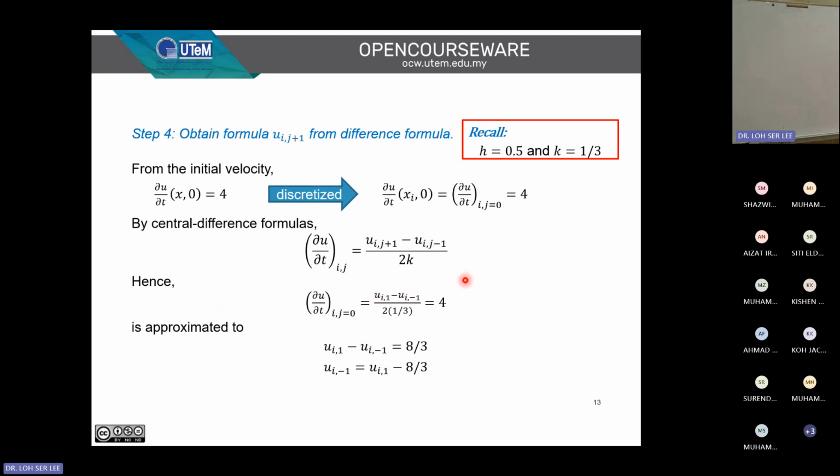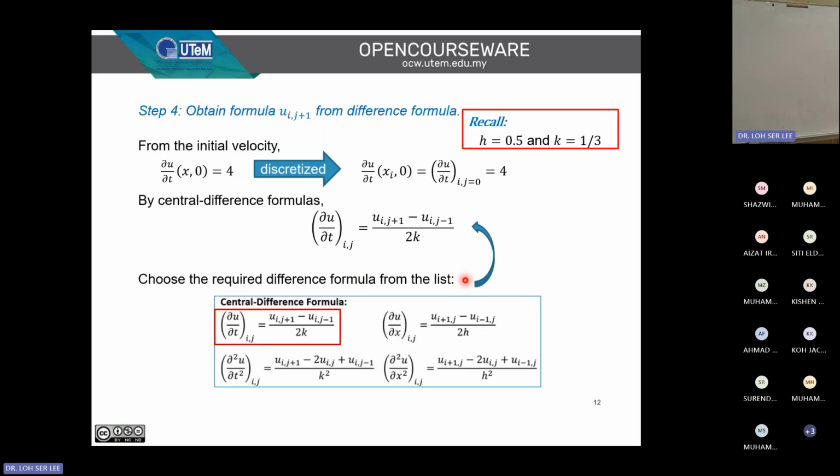In short, I repeat once again, for the initial velocity we take the formula from here. This is the formula that we are going to use for the initial velocity, and this is equal to 4. But for our initial velocity, j equals 0.